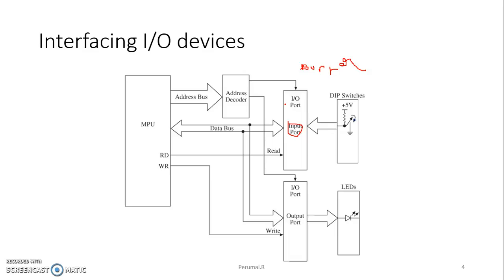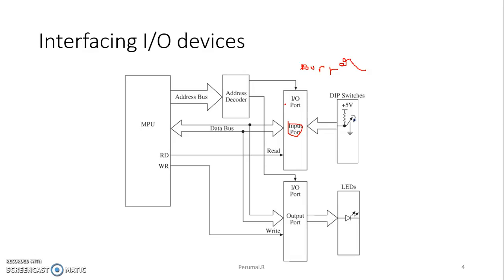How it will be doing is, we need to select an I/O address of the corresponding device, that is the dual inline package. How we are performing this is through the address bus. We need to decode this address and select the corresponding input port. And next we need to generate a control signal.